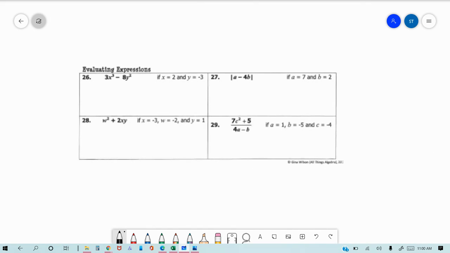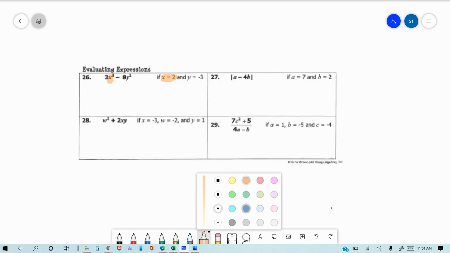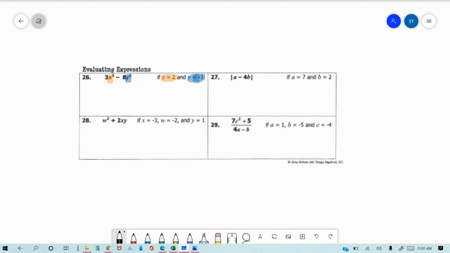It's that evaluating expressions. You guys had a lot of trouble with this, okay? We didn't really go over this as much as we should have, but we are taking 2 every time it says X, and then we are taking -3 every time it says Y, okay? Does that make sense? Some of you guys really struggled with this.